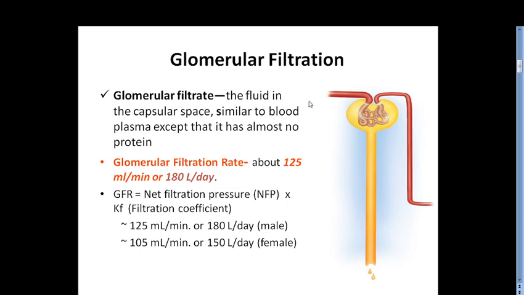As we know that the kidney receives almost 25 to 26% of the cardiac output, and through the afferent arterioles, blood reaches into the Bowman's capsule in the glomerulus part, and over there it gets filtered.